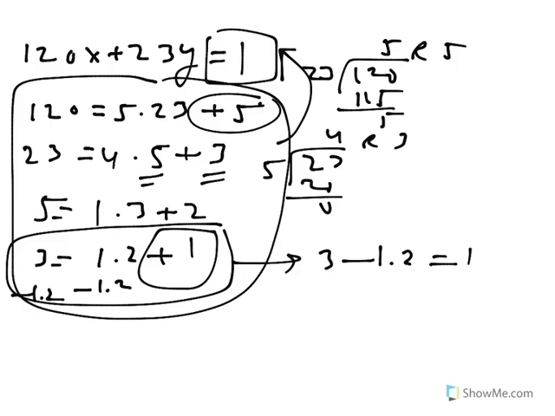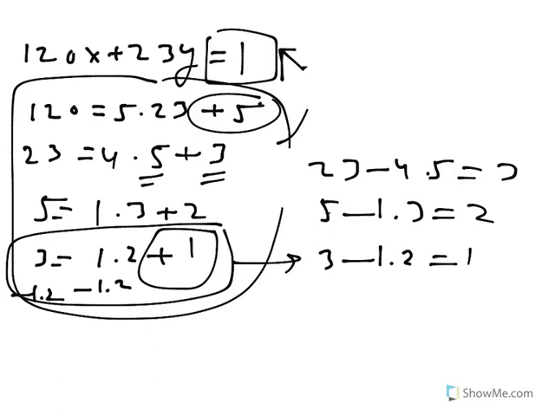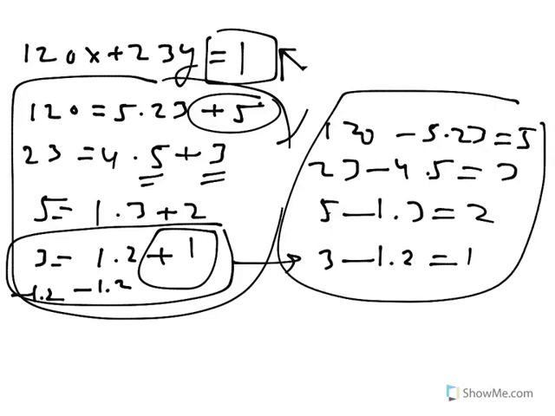If I do the same thing with this second equation, it turns into 5 minus 1 times 3 equals 2, and the second equation here becomes 23 minus 4 times 5 equals 3, and the top one becomes 120 minus 5 times 23 equals 5. These 4 equations came from these original 4 equations.